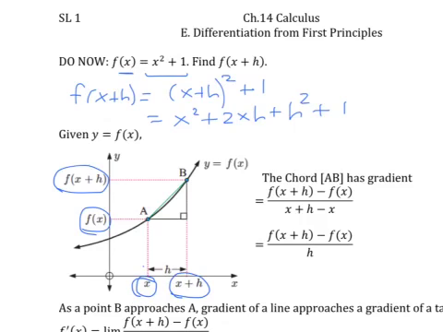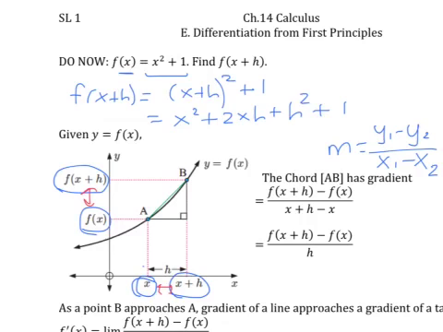In order to find a gradient, we would need to do m is equal to y1 minus y2 all over x1 minus x2. In other words, we're going to have the difference between the y values on the numerator and the difference between the x values on the denominator.